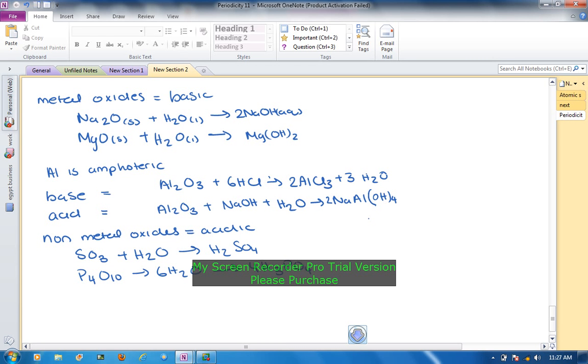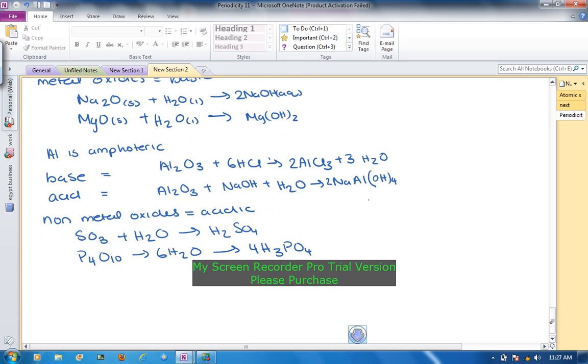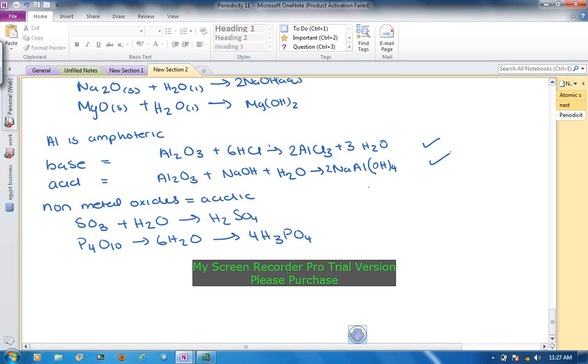It's also going to ask you in the IB past paper questions, or in general in exam questions, to show how aluminum is amphoteric. So you'd have to give the two formulas here to show it reacting with HCl and reacting with NaOH, producing these two products.